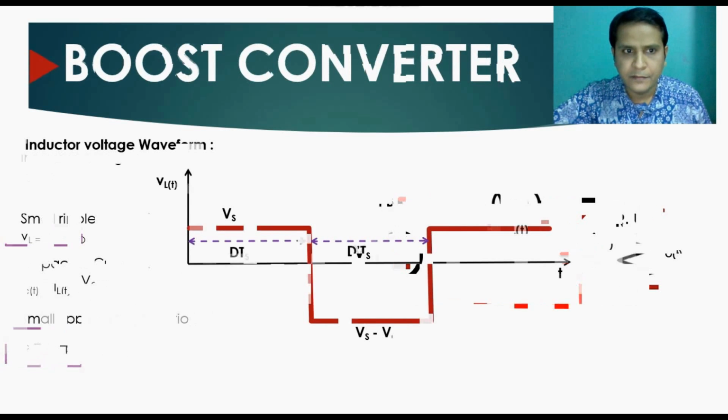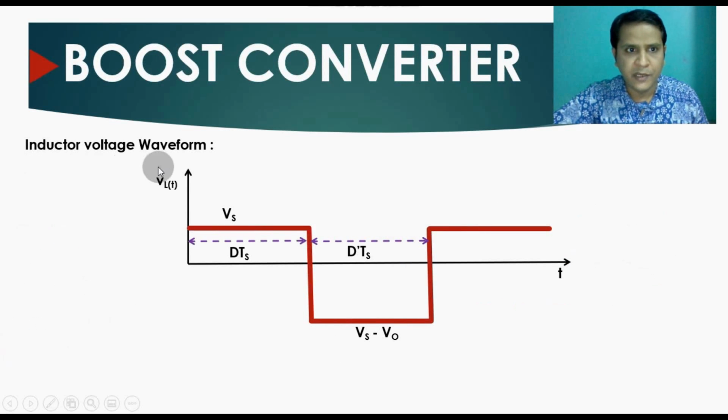Now let me show you the inductor voltage waveform. Whatever equations we have got here: when the switch is at position A, for the on time period DTs, your voltage across the inductor VL(t) equals your supply voltage Vs, and when your switch is off for the duty cycle of D' times Ts, your inductor voltage is Vs minus Vo, that means supply voltage minus output voltage.